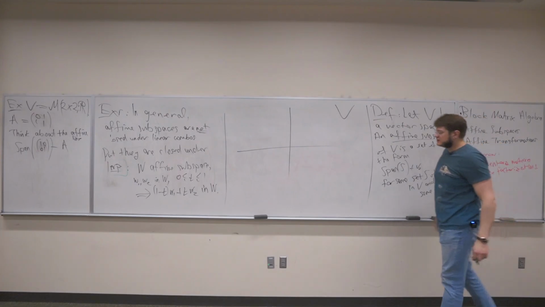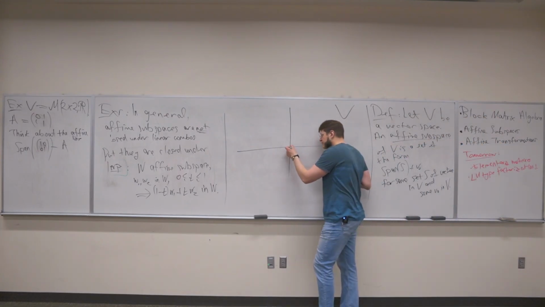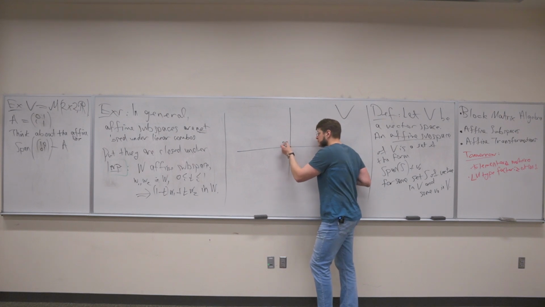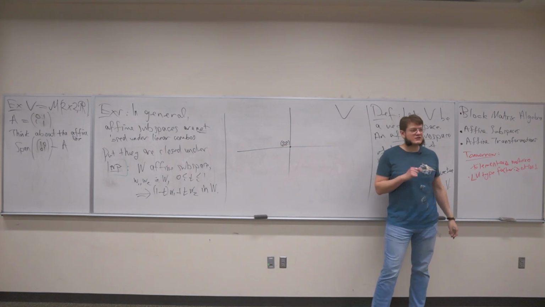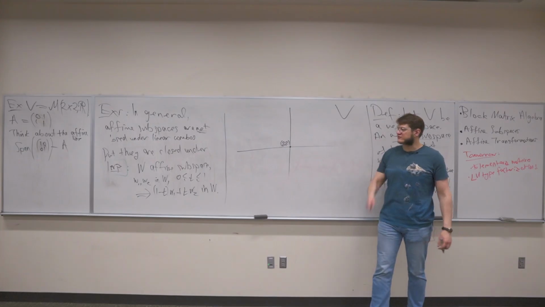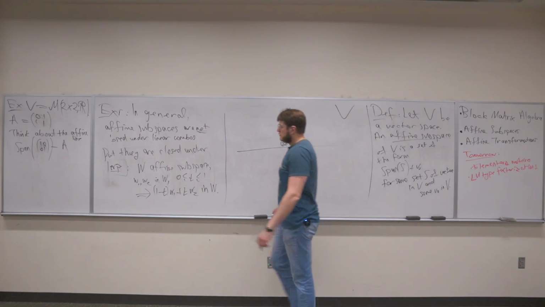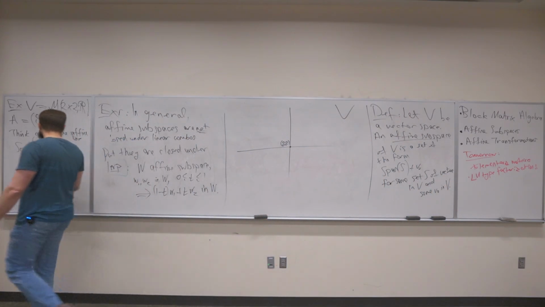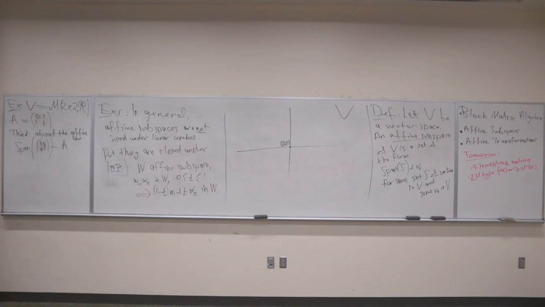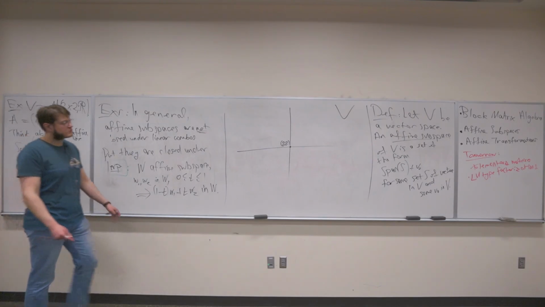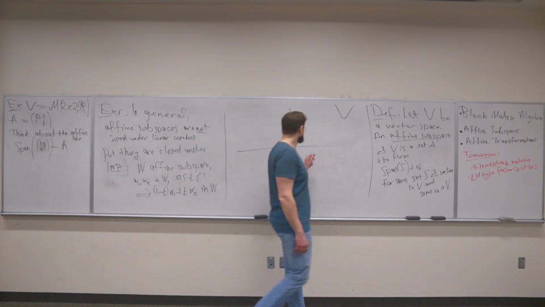At the center is the 0 vector. In this context, it is the 2 by 2 0 vector. That's a 0 vector for the space. Then I look at the span of 1, 0, 0, 1. I don't quite know where this 1, 0, 0, 1 is, but it's somewhere. Say it's here.